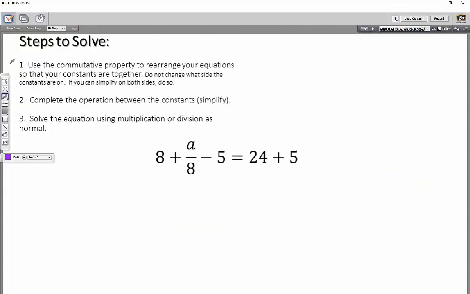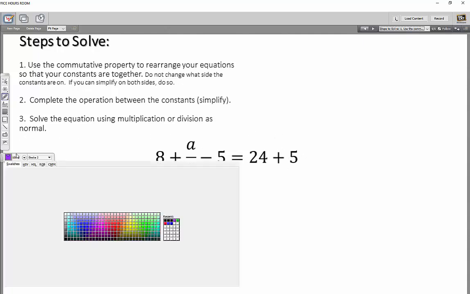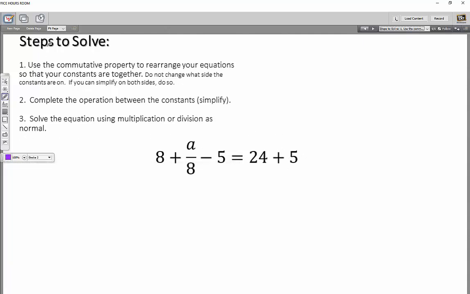All right, let's take a look at our last example where we have constants that can be simplified on both sides of the equation. We're going to rearrange our equation so that our constants are together on the left-hand side. We'll simplify those, and then we'll simplify the constants on the right-hand side as well. Let's take a look at what that's going to look like.